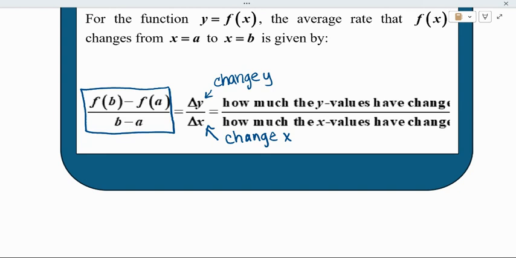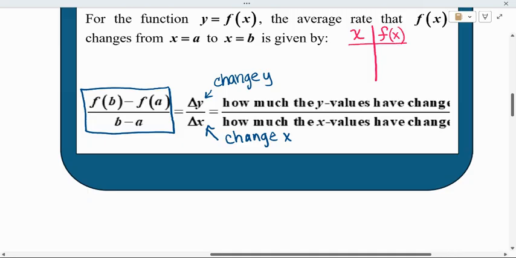So suppose that I gave you a table of values and I told you that the first ordered pair was a. If I let x equal a, what is my output? I replace the x with a what?